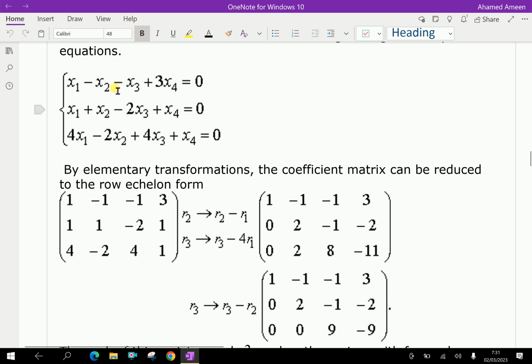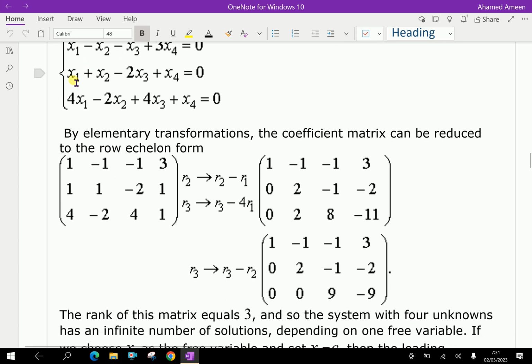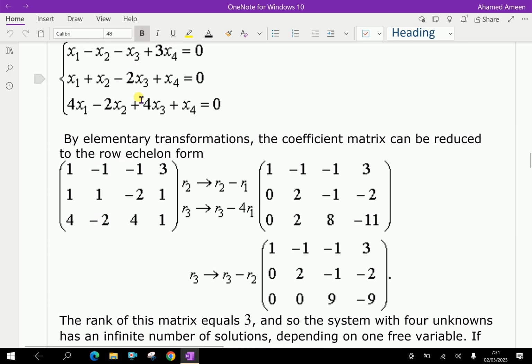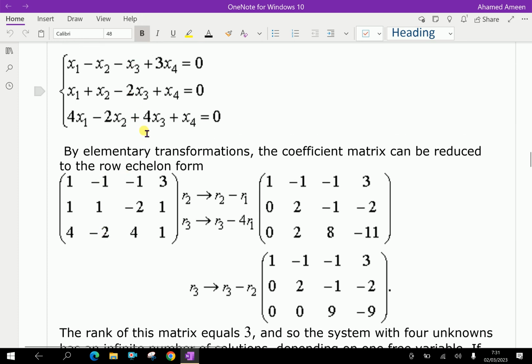First you have to write the coefficient matrix: 1, 1, 4, minus 1, 1, 2, minus 1, minus 2, 4, and 3, 1, 1. The coefficient matrix is here.